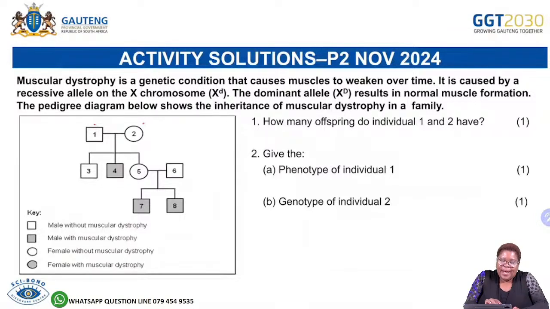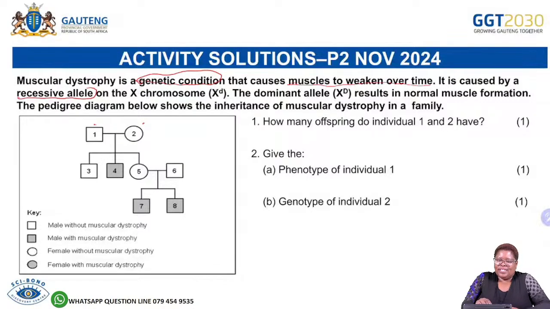Muscular dystrophy is a genetic disorder. You are lucky because you're given a term that you don't know, but then it is explained. So muscular dystrophy is a genetic condition that causes what? Muscles to weaken over time. It is caused by a recessive allele on the X chromosome.